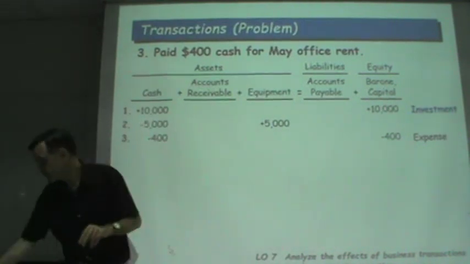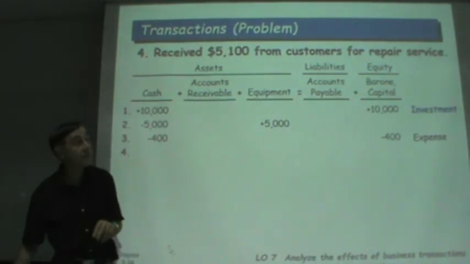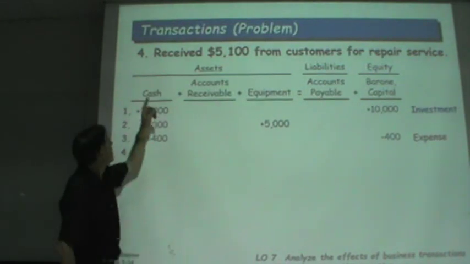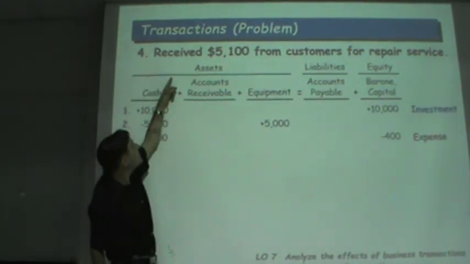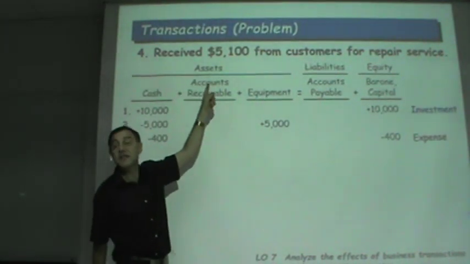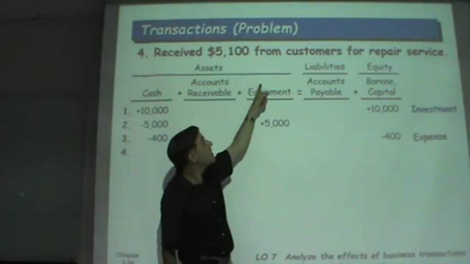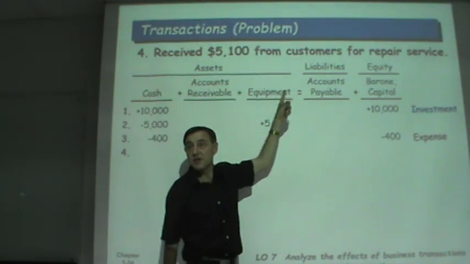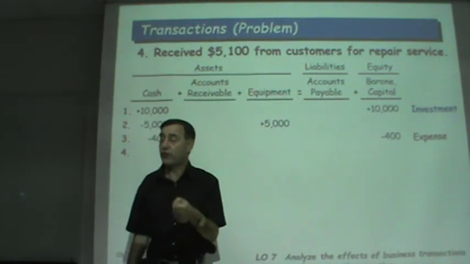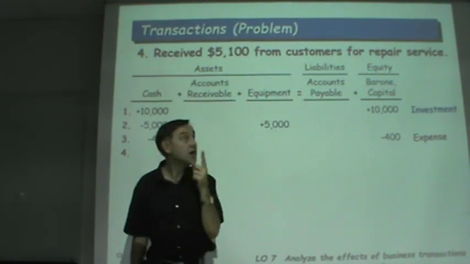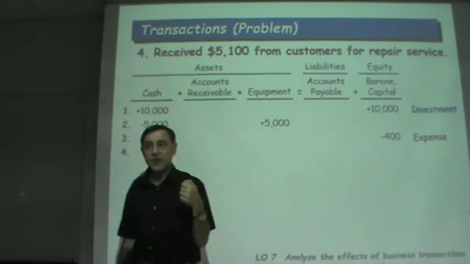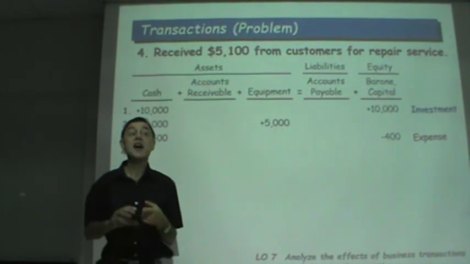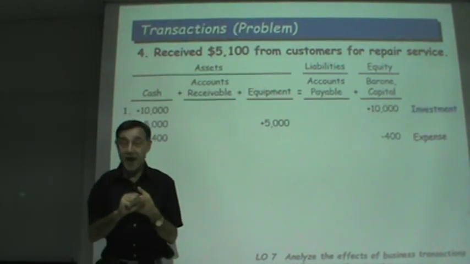Number 4. This 4 corresponding to this 4. Receiving 5,100 from customers. If it's received from customers for service, you receive from service, it means revenue, okay?